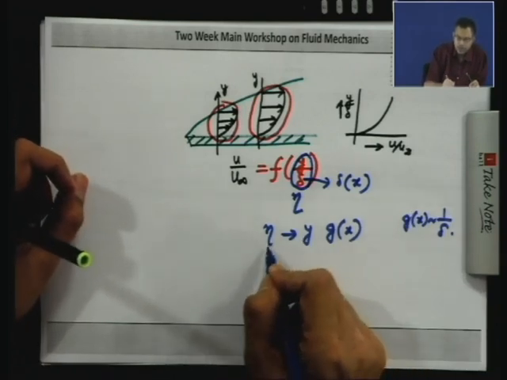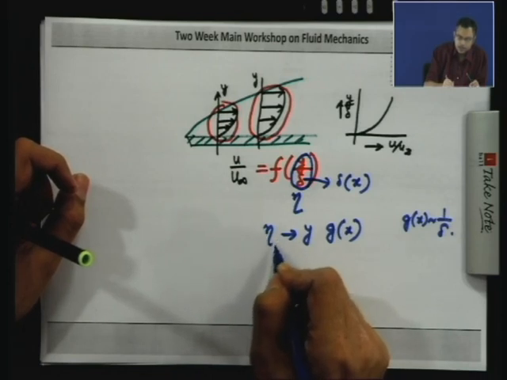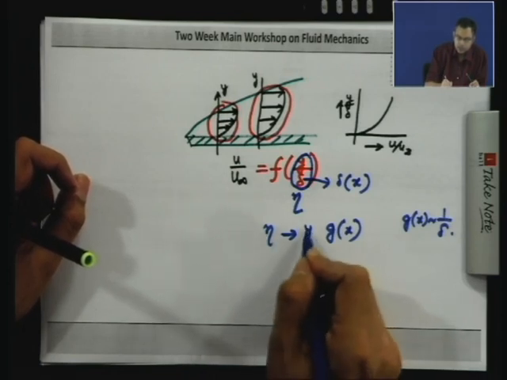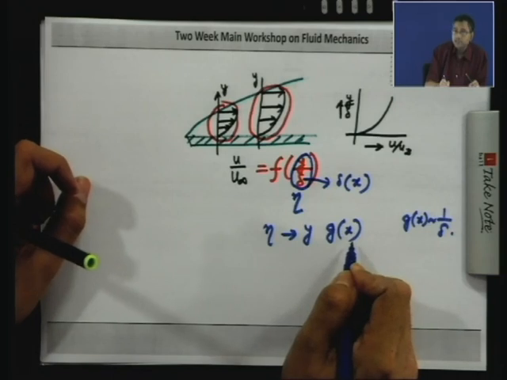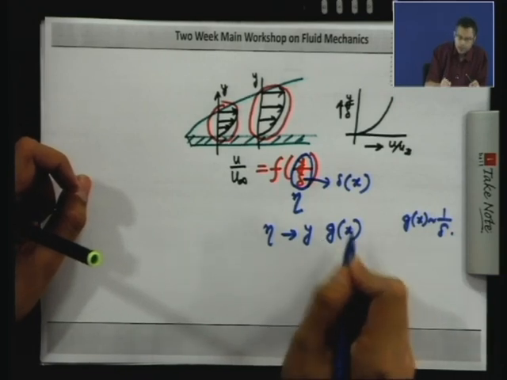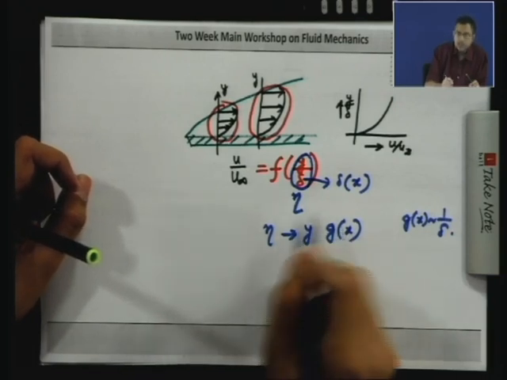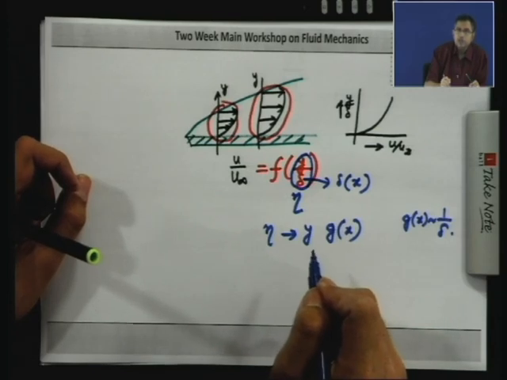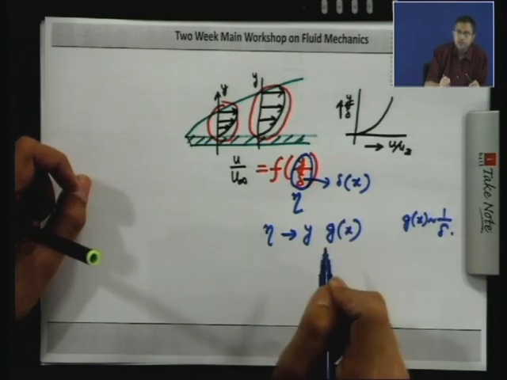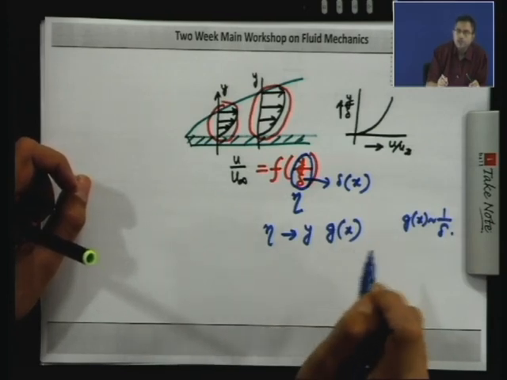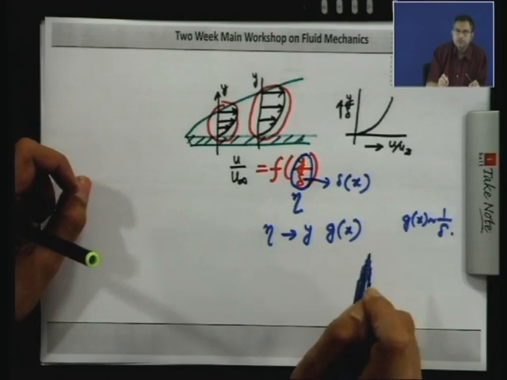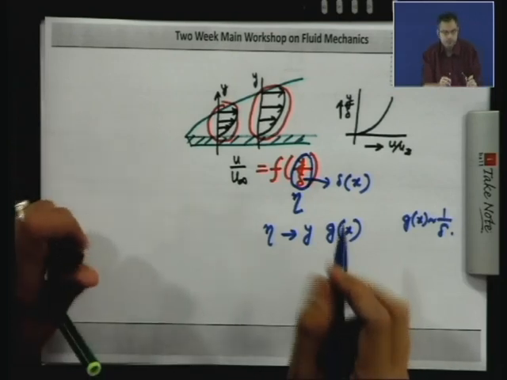It is possible to write a variable eta which is y into a function of x, and this transforms the partial differential equation governing the boundary layer velocity variation into an ordinary differential equation. I hope this explanation is clear to you.